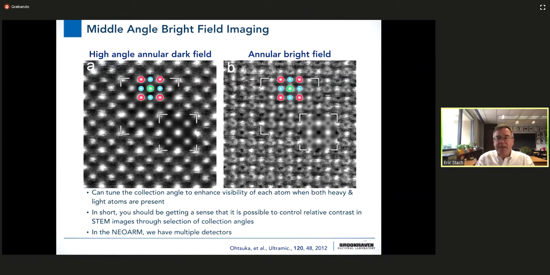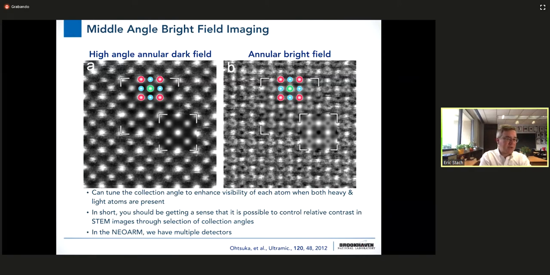Another really neat development over the past couple of years is that people have learned how to make such good electron lenses that you can operate at very low voltages. At high voltages, it's easier to focus, but at low voltages, you have more effects from aberration. But in a modern instrument, you can even go down to as low as 30 kilovolts.